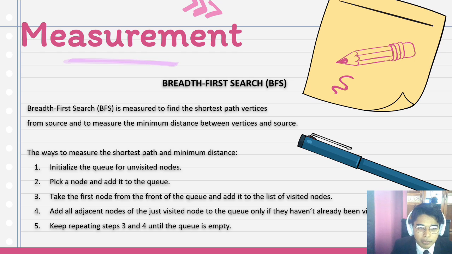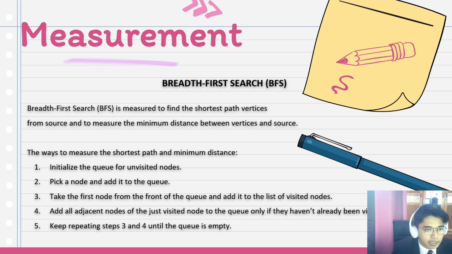path and minimum distance. For the first step, we initialize the queue for the unvisited nodes. For the second, we pick a node and add it to the queue.